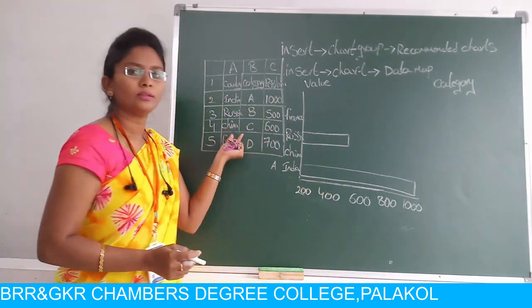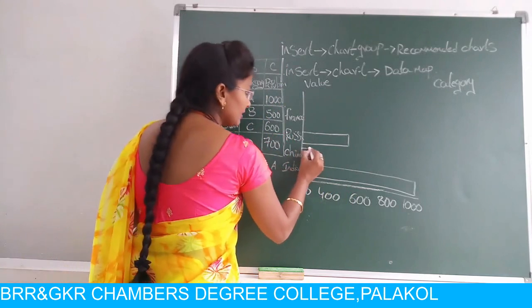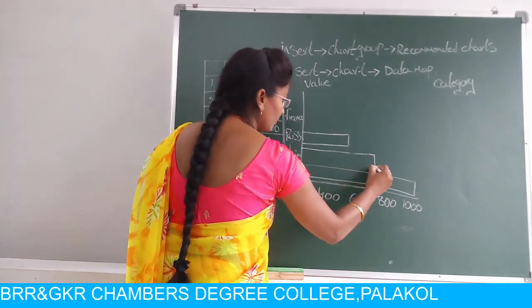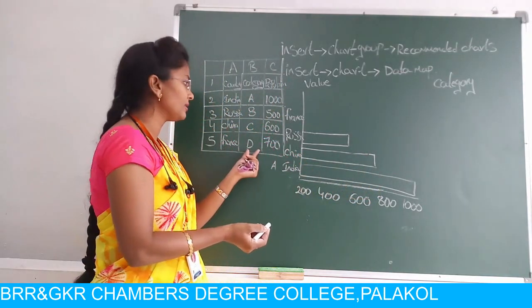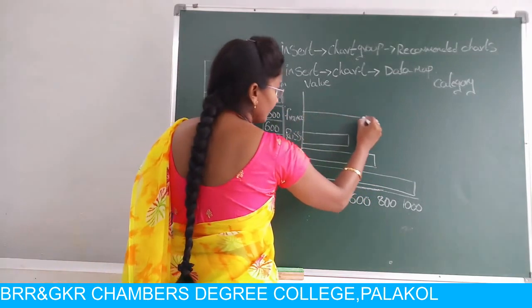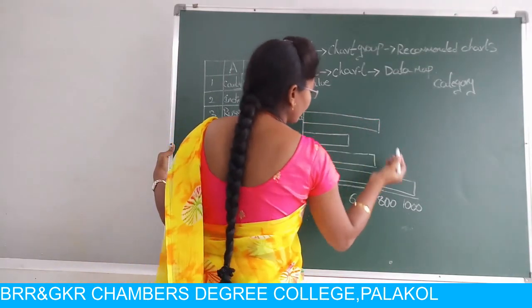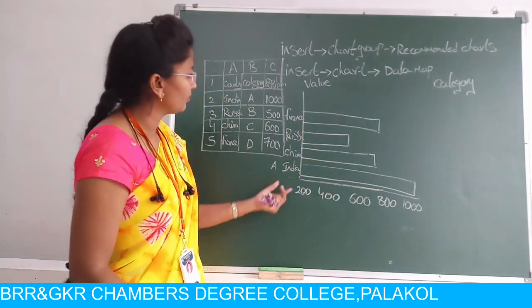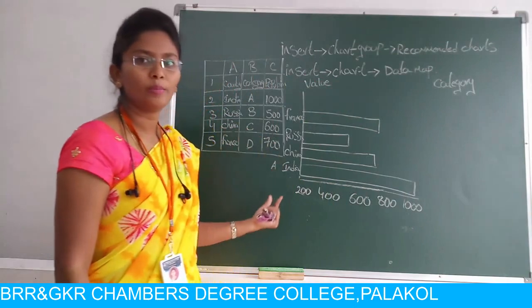And then next one is China, category C, and this is up to 600 population. And then France, and this is up to 700. This is the bar chart that appears after you click on the data map option.